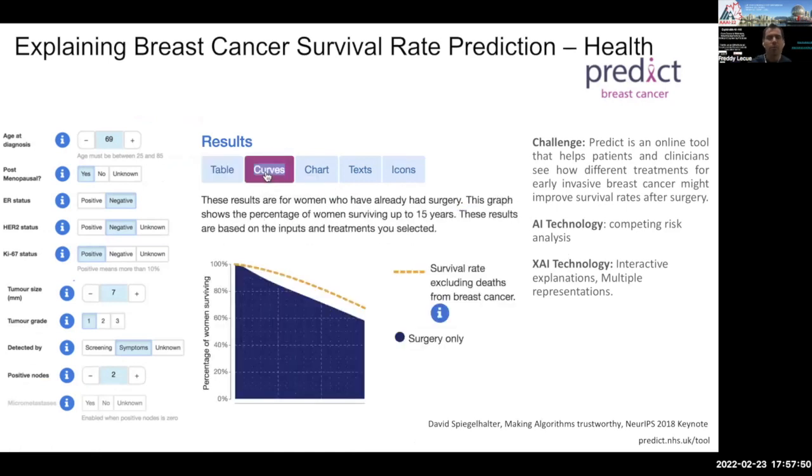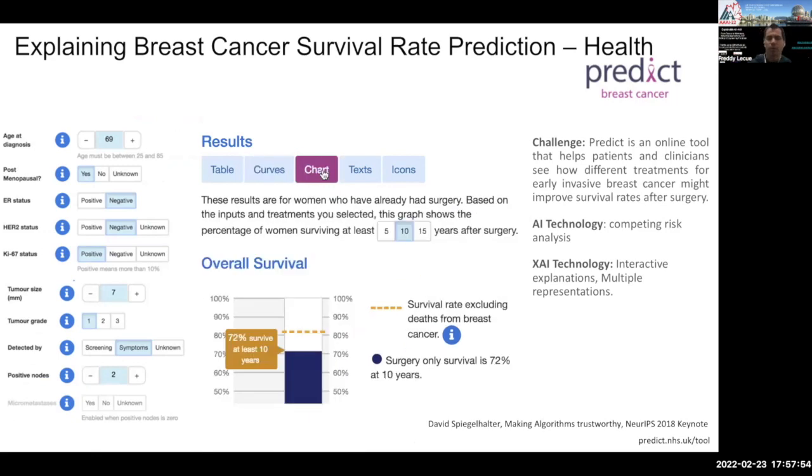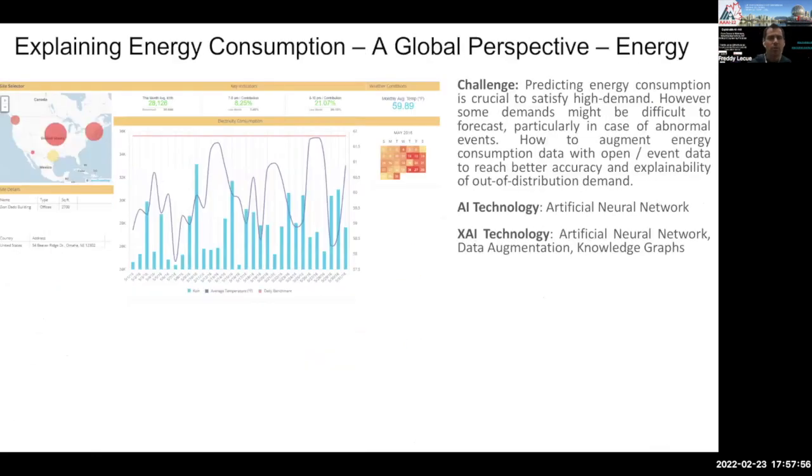So I think it's a nice way because it shows different pictures and different snapshots of what an explanation looks like. And you can go on and on in terms of applications.